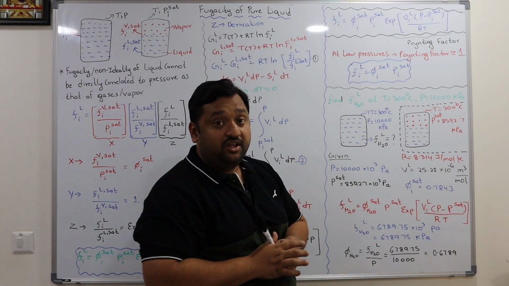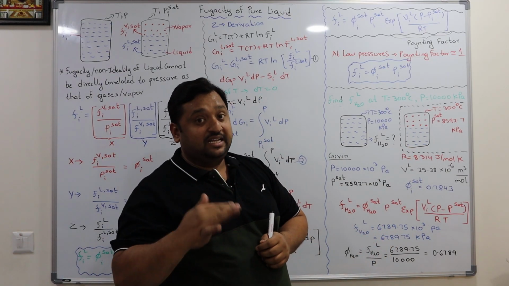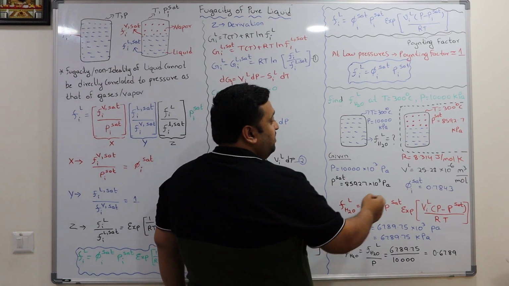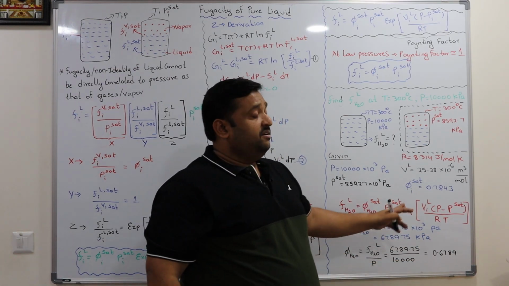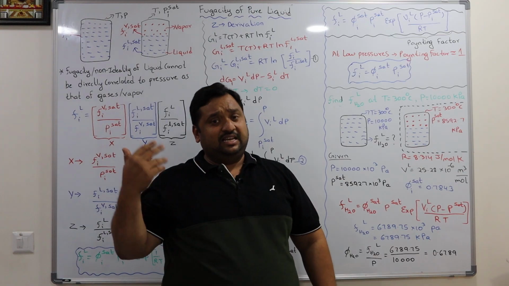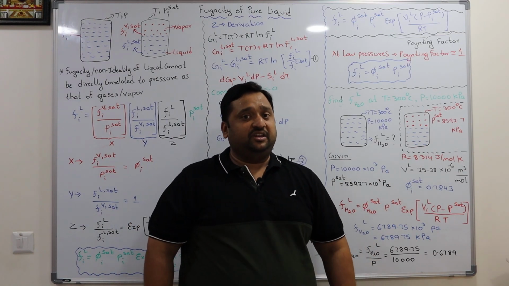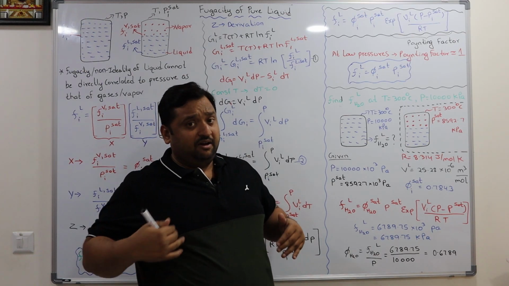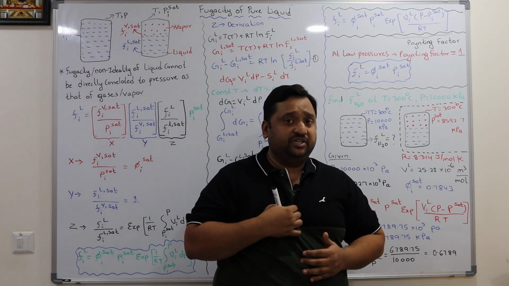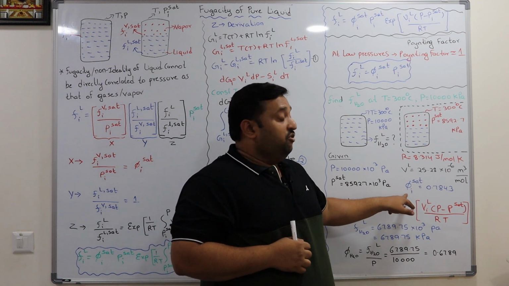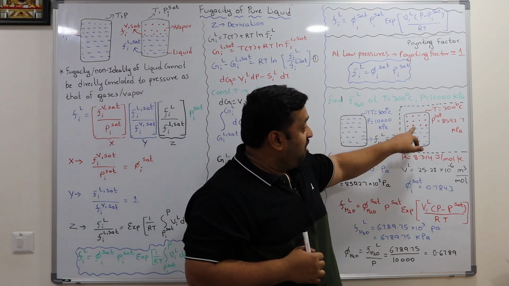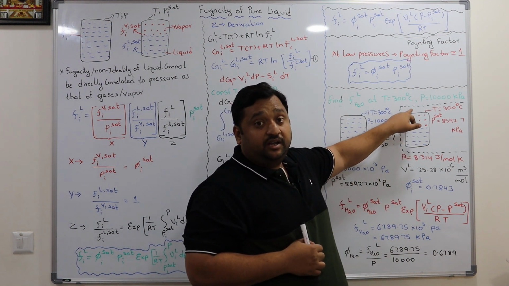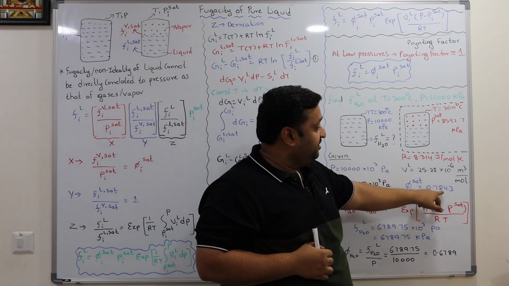Phi i sat is given. Phi i sat can be estimated. I told in the last class there are a number of methods to estimate the fugacity coefficients. Using those methods you can do it, but our class is not to find out the fugacity coefficients. So let us take the value. The fugacity coefficient at saturated conditions is 0.7843.